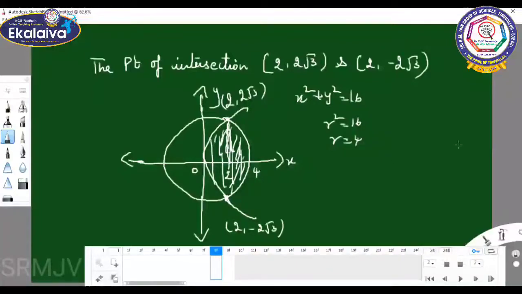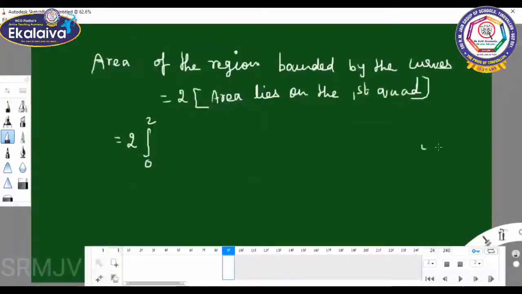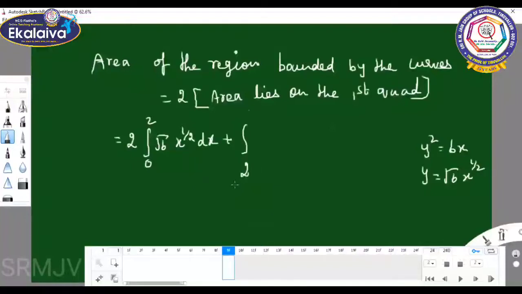Parabola is y square equal to 6x, y equal to root 6 into x power 1 by 2. So root 6 into x power 1 by 2 into dx, plus integral 2 to 4.